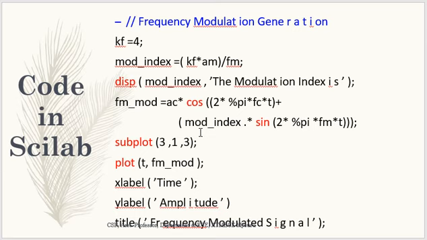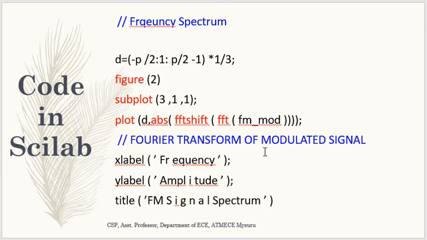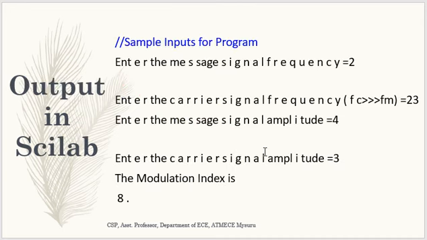And finally we are going to display the frequency modulated signal, which is given by the equation Ac cos 2 pi fc into t, that is the carrier, plus the modulation index times sin 2 pi fm into t. In the third plot we are going to plot the output, that is the frequency modulated signal. For demodulation, we'll discuss it next.